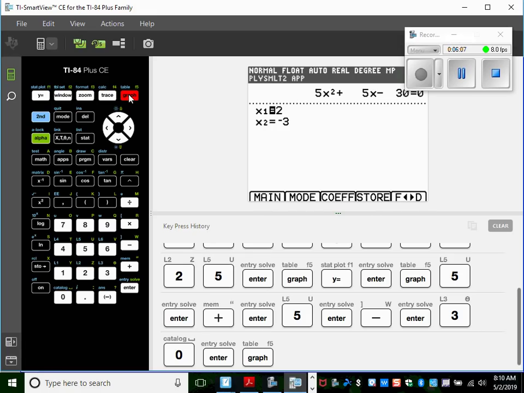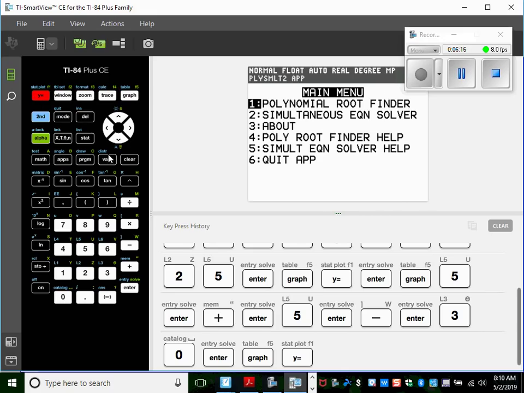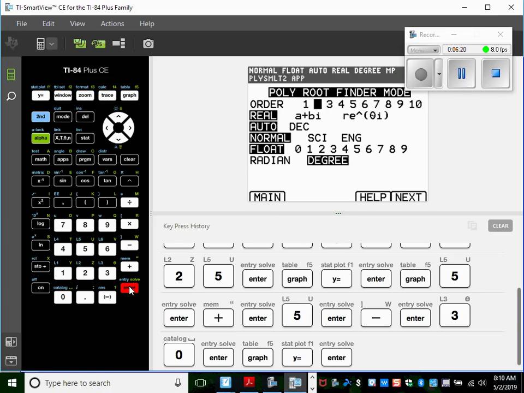Okay. All right, let's do 21. So we're going to go back to main, which is y equals. Hit enter. Okay, the degree, the highest exponent, is 2, so I'm going to hit next, which is graph.